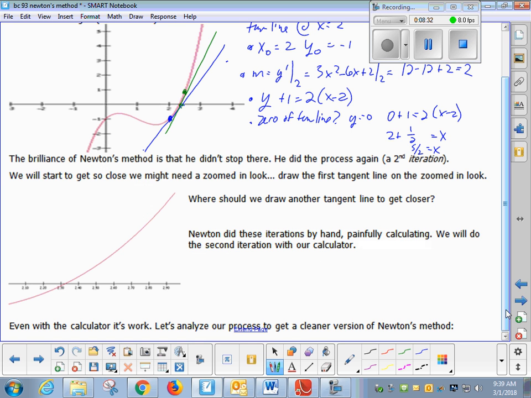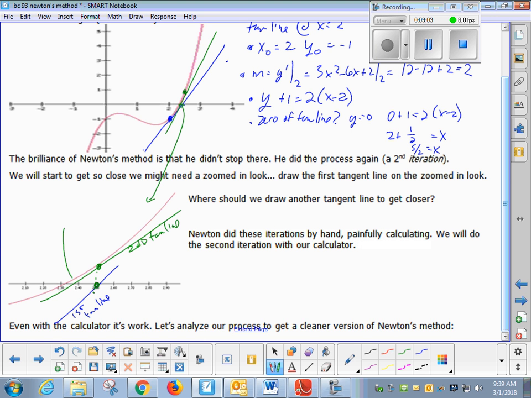This is so tight here that I gave you a zoomed in look. Here's 2 1/2. Our original tangent line, our first tangent line, was here. Now the idea is that we see where that tangent line is 0 and go back up to the curve at that new x and make a new tangent line there.